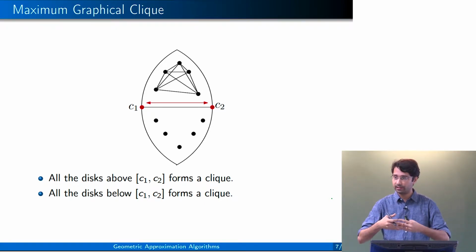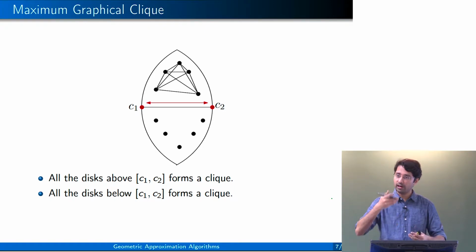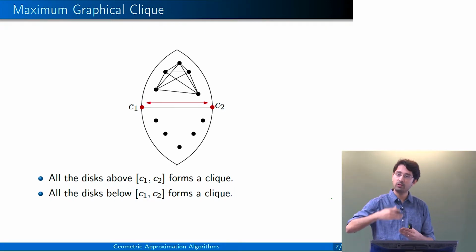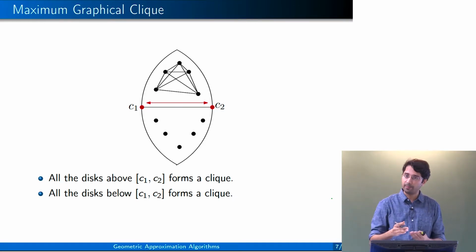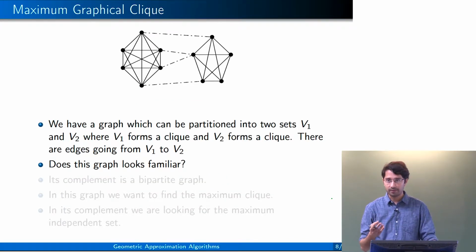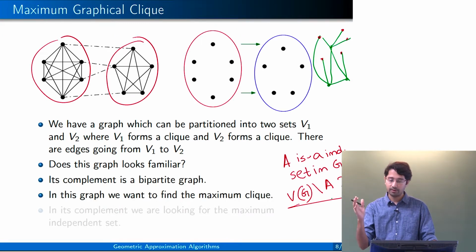I will take their intersection, find a region, and look at the disk centered there. That will induce a graph which is a complement of a bipartite graph, where I am trying to find a maximum clique. I will convert this to the problem of finding a maximum independent set in a bipartite graph.